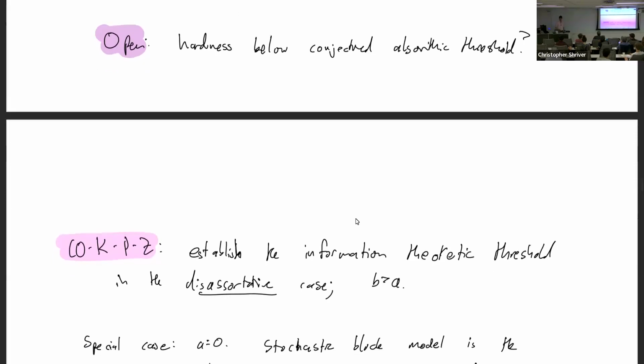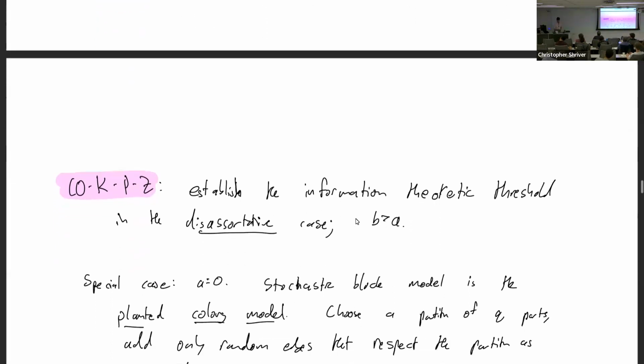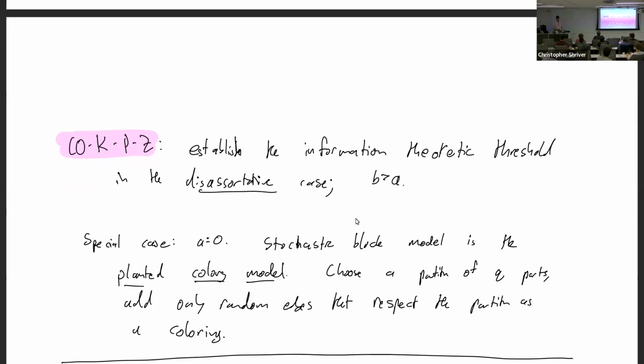We establish the information theoretic threshold, but in the disassortative case, so only in the case that B is bigger than A. So somehow in the less natural case where you're looking for clusters that are not well connected, with strong connections between them. Although there is a special case that is more natural.